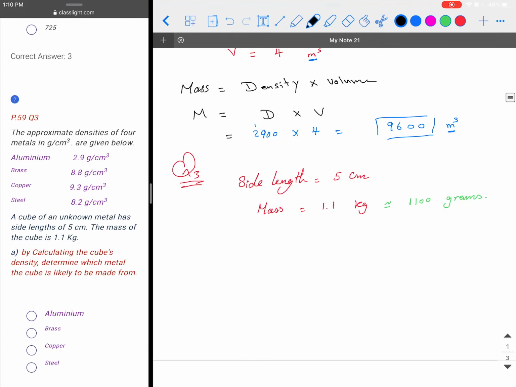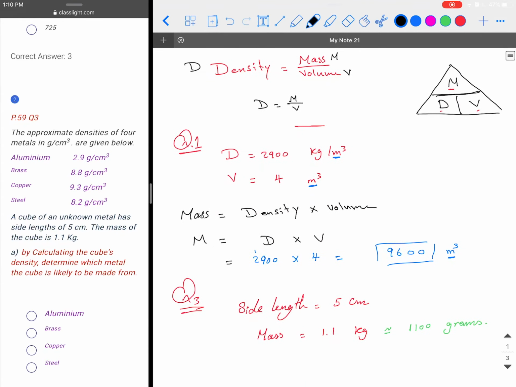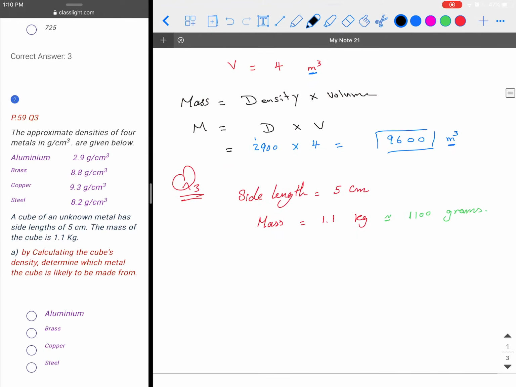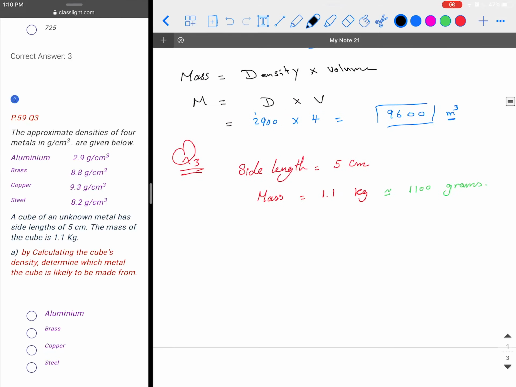After that, I know the side length and I know the mass. I need to calculate the cube density to know which one of these it is. To calculate density, we need mass divided by volume, right? So I will write density equals mass divided by volume.